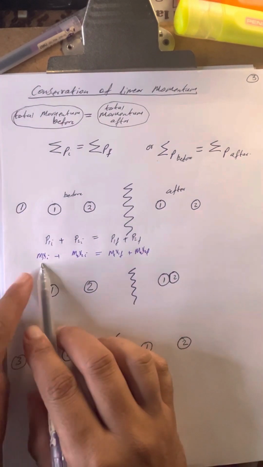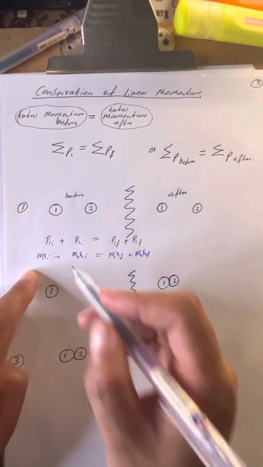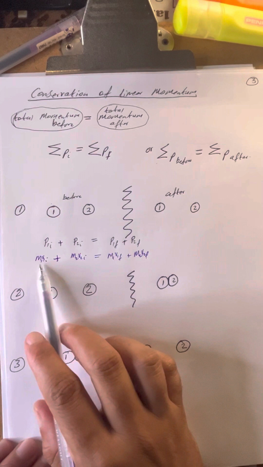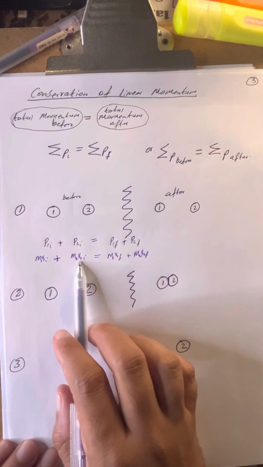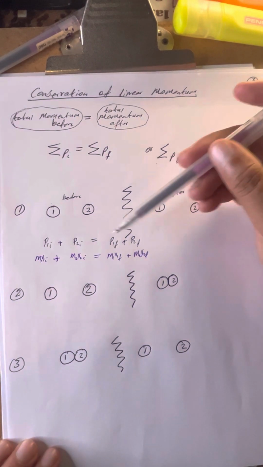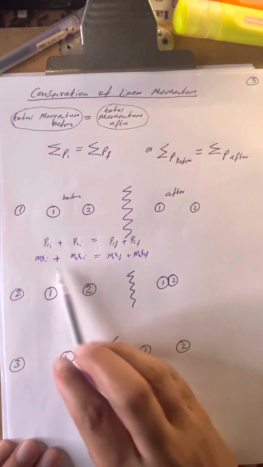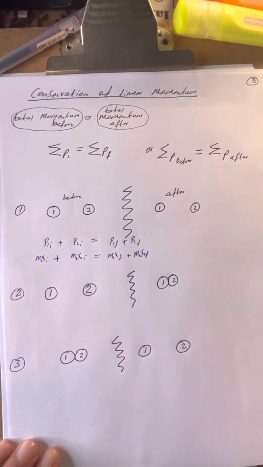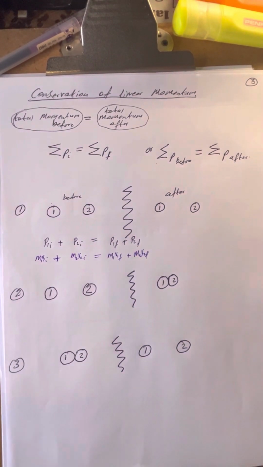So the momentum of objects before collision, they are separated, so you add both their momentums. If there are three objects, you have to add all three of them: momentum of body one plus momentum of body two plus momentum of body three. In this case, you only have two, so it's before collision and after collision. Then you start substituting these values. Remember to choose the direction when you substitute, but you'll see that as you solve the questions after this.